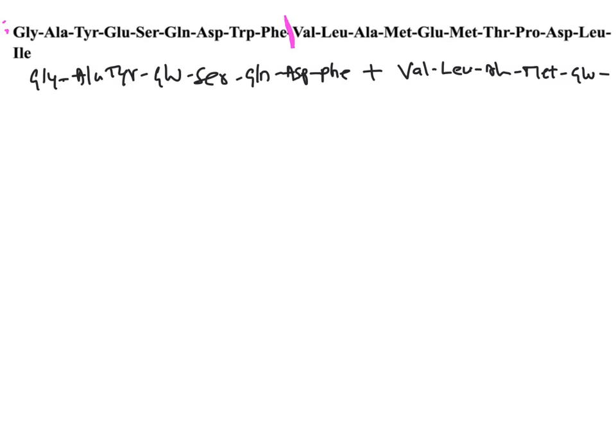This fragment is continued here, glutamate, then methionine, threonine, proline, aspartate, leucine, and that is continued as isoleucine. So this is our other polypeptide fragment.